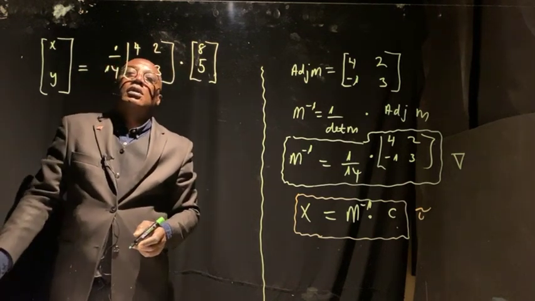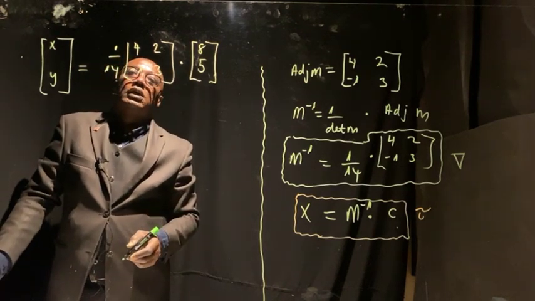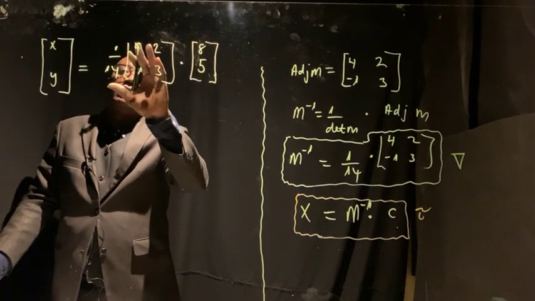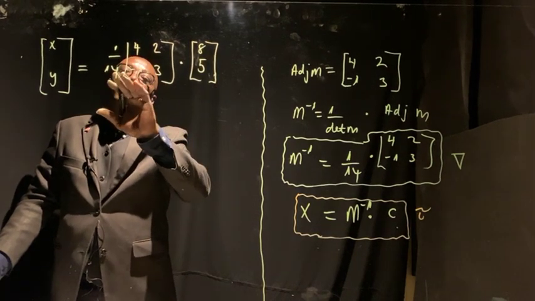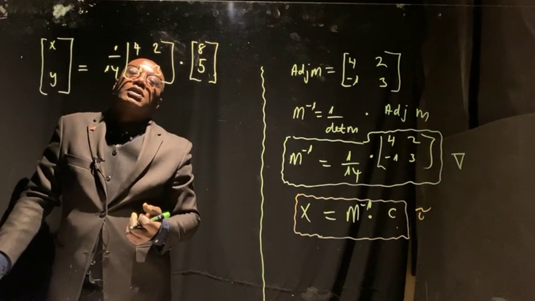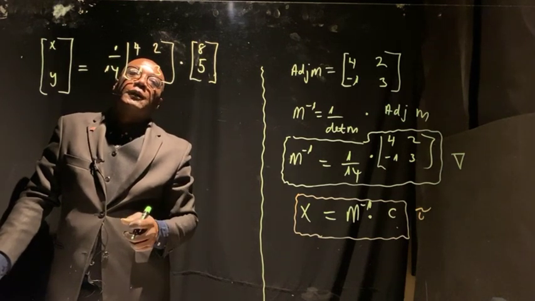So what you are trying to do is to multiply this one by this one, and then multiply the result by 1 over 14.